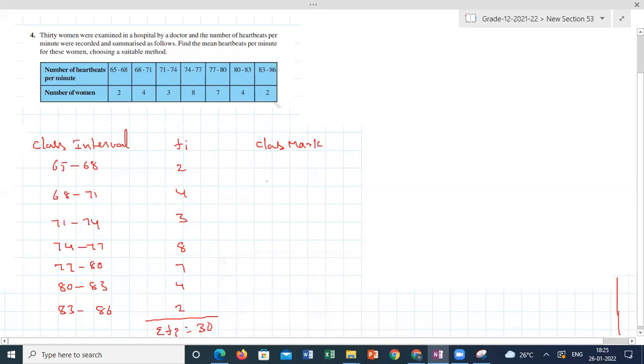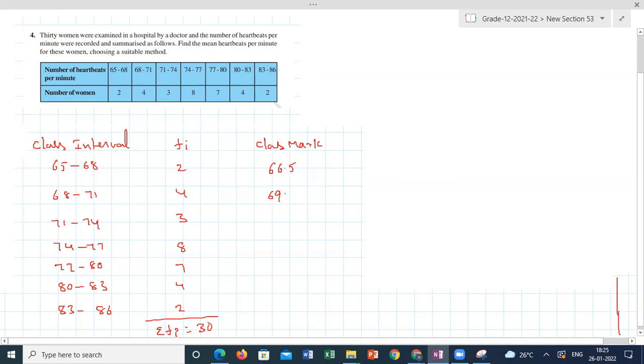65 plus 68, so 65 plus 3 is 66.5. Like this, you have to add 3 because 3 is the difference between them. This difference is 3, this difference is 3.